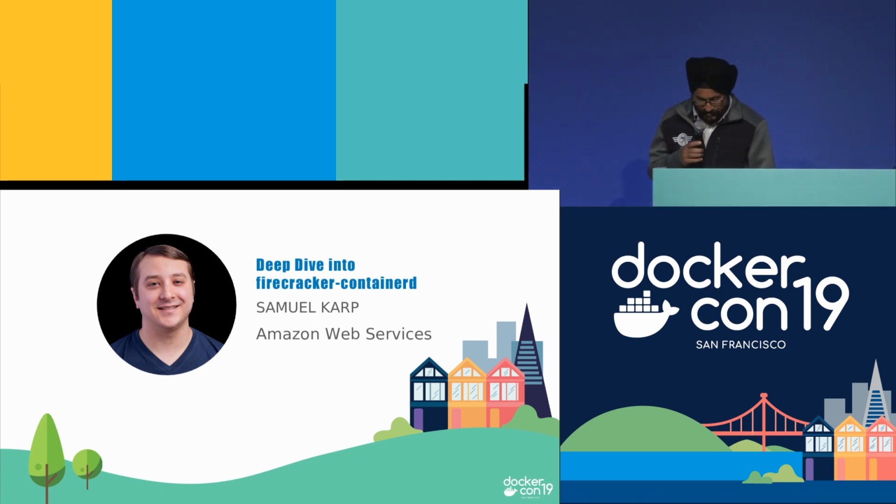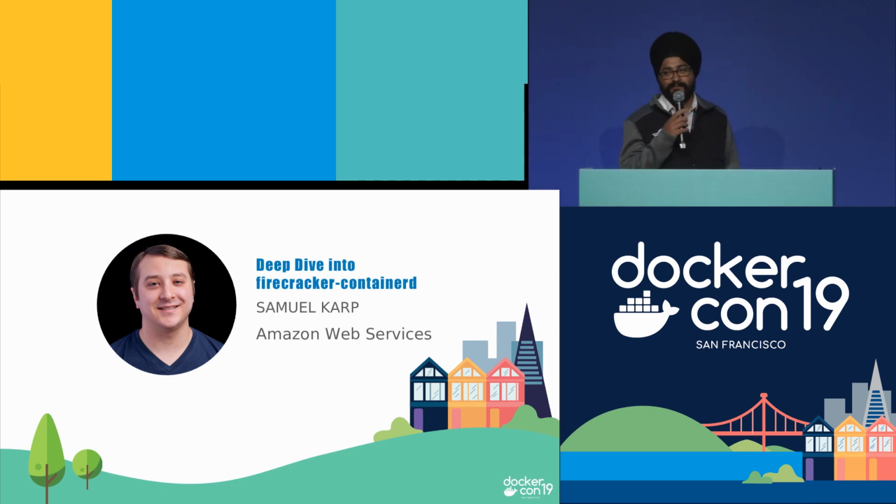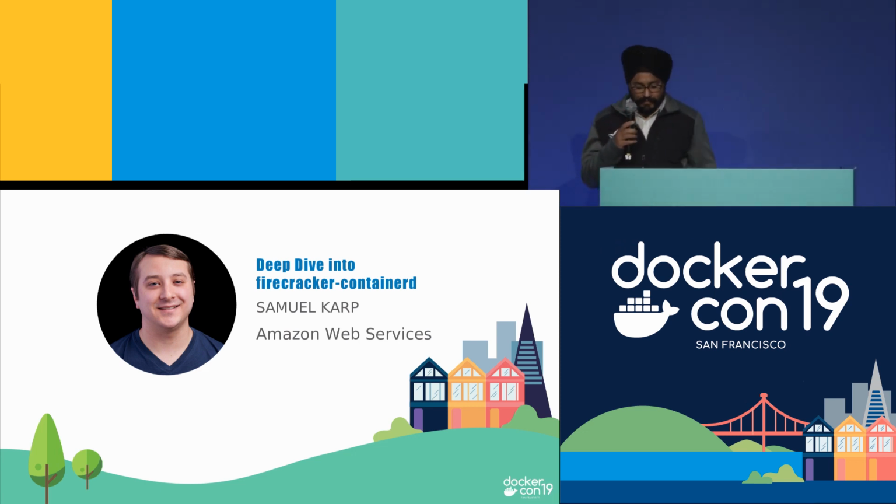So we will start with the first track, which is an open source track. And we have our first speaker who is working as a senior software development engineer at AWS. And he is here to talk about Firecracker Containerd projects. If you are new to Firecracker, this is an open source project which was announced by Amazon at the last re:Invent AWS, which happened in 2018.